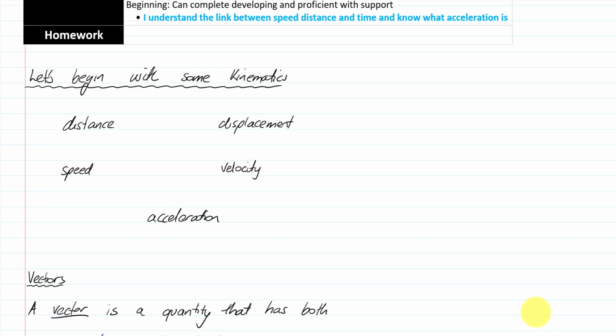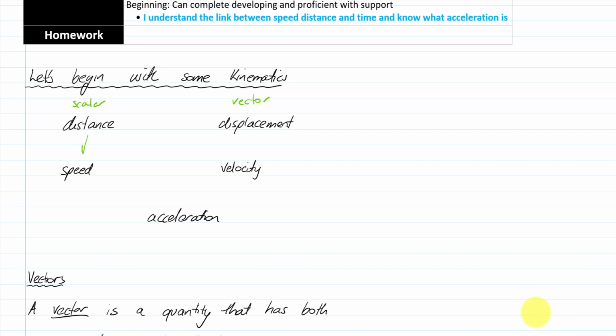So that's like an overall position based on where I started. Because I've got a positive 1 step forward, but then a negative step back, and 1 plus negative 1 is 0. So that means that where distance is a scalar quantity, displacement is a vector quantity.